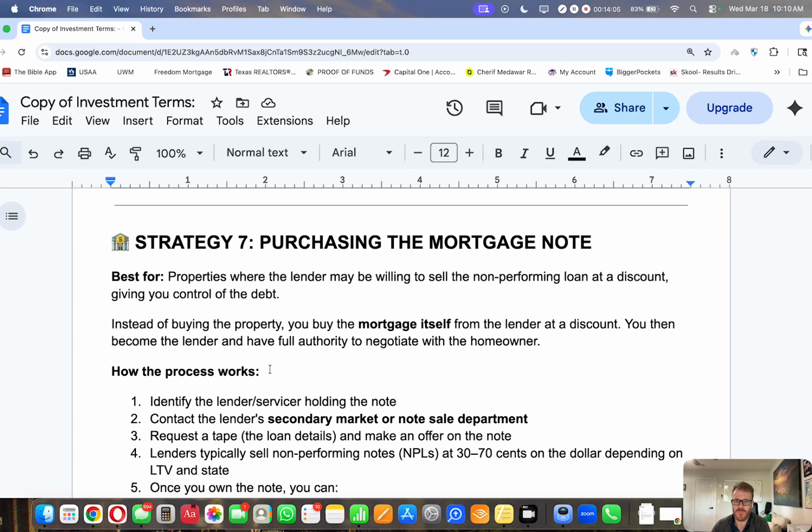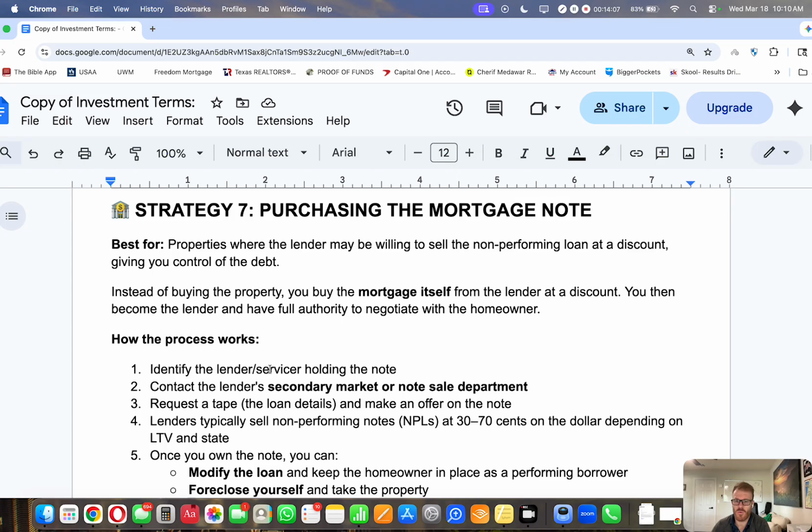Another strategy that we can do, or partner with somebody else that can do, is the purchasing of the notes. If we remember, during some of our previous training, we noticed that regardless of the state you're in, a non-judicial state like Texas is going to secure their investment into an asset via a deed of trust.